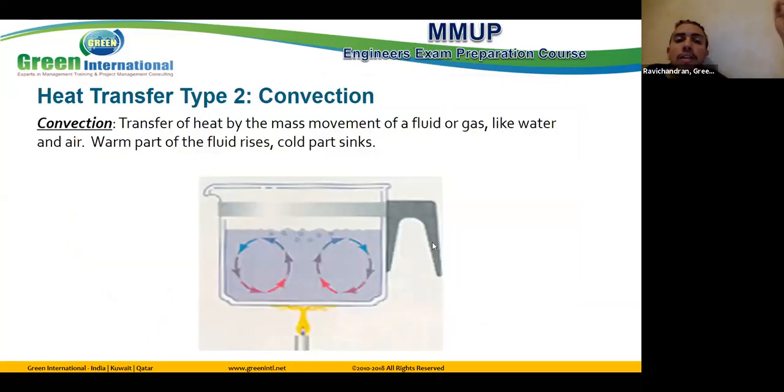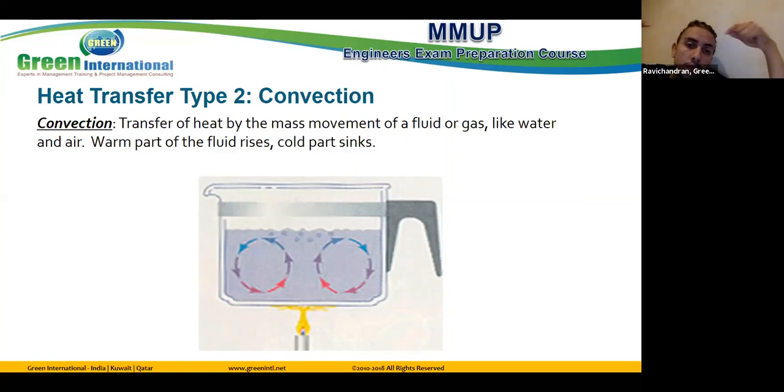Convection. What is the other type of heat transfer? It's convection. Convection is the transfer of heat by mass movement. As you see in this example, with air up and water down, there is convection between the two. In convection heat transfer, the heated part goes up and the cold goes down.